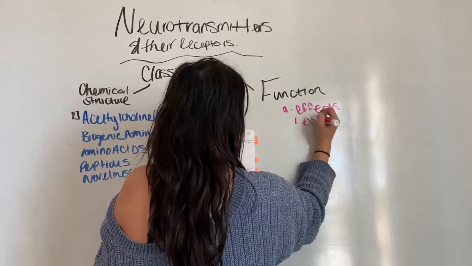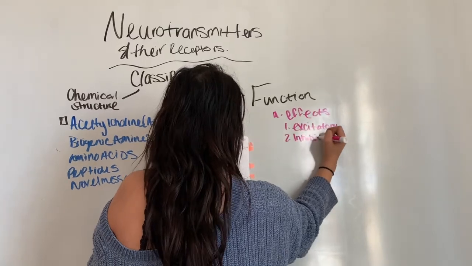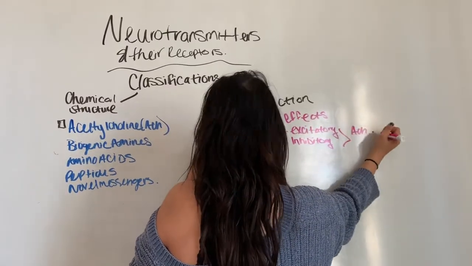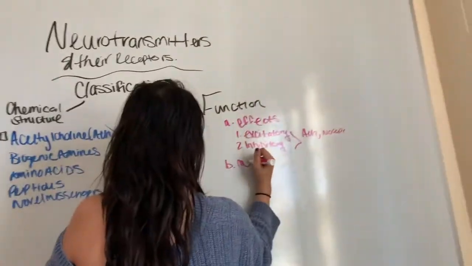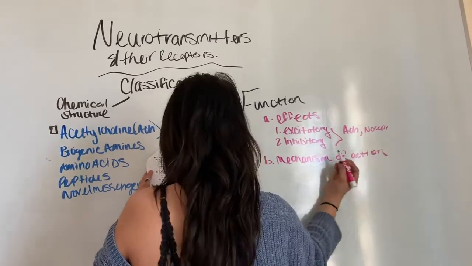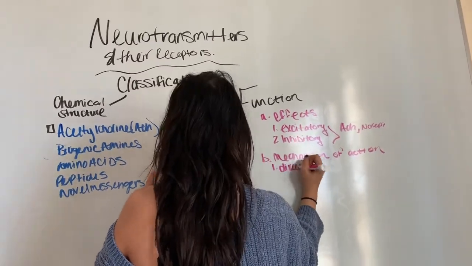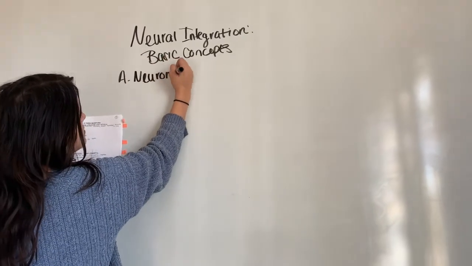Others exert both effects depending on the specific receptor types they interact with. Neurotransmitters that act directly are those that bind to and open ion channels. Neurotransmitters that act indirectly promote broader, longer-lasting effects by acting through intracellular second messenger molecules, typically via G protein pathways.